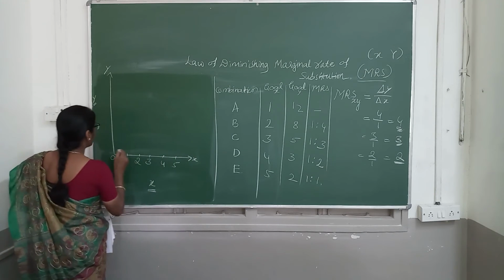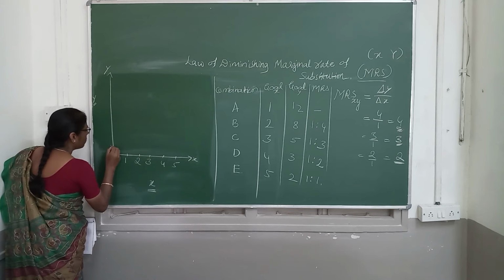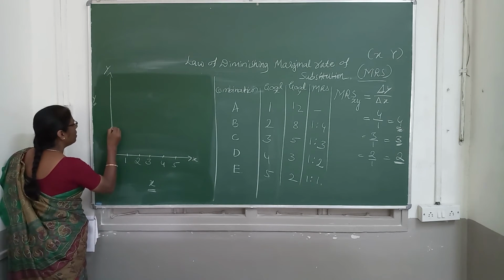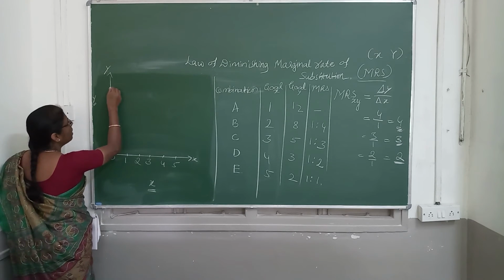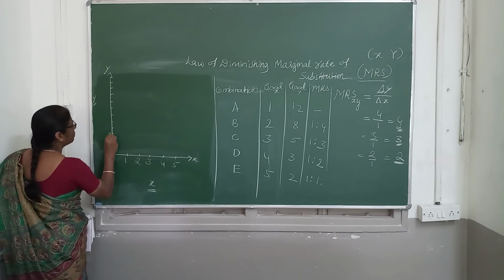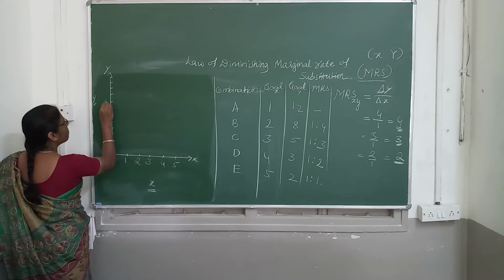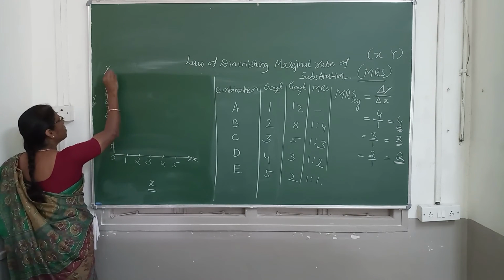See the scale, 12 is given, so you have to take 12: 1, 2, 3, 4, 5, 6, 7, 8, 9, 10, 11, 12.